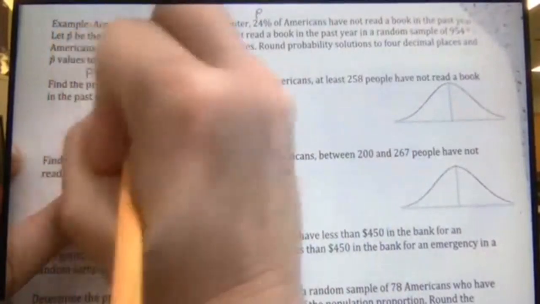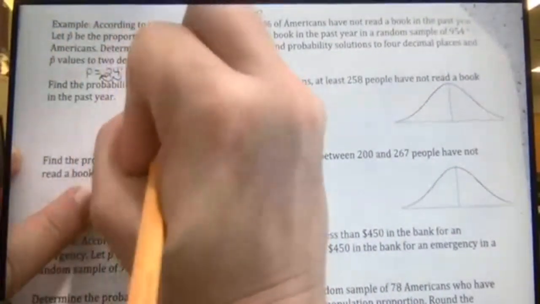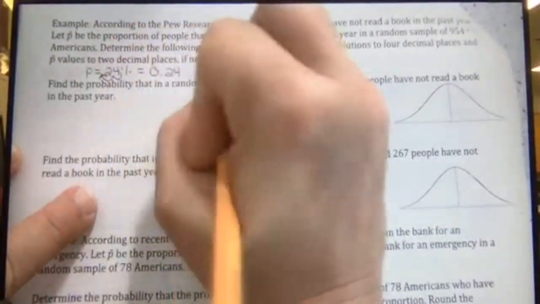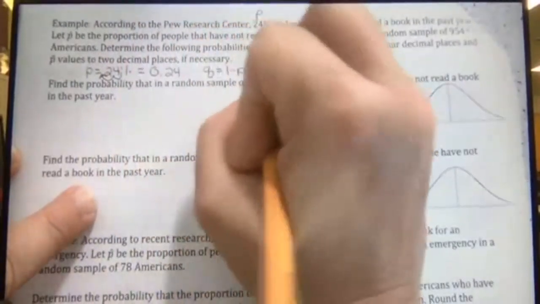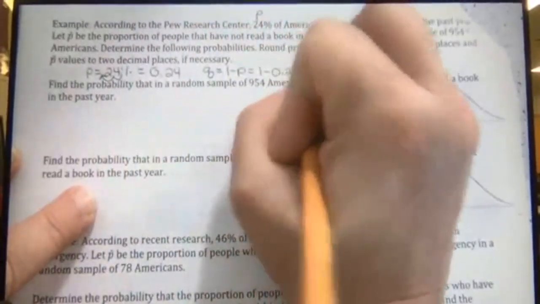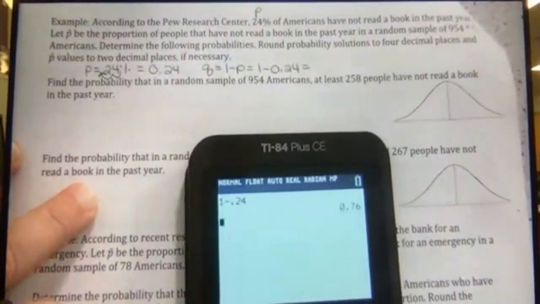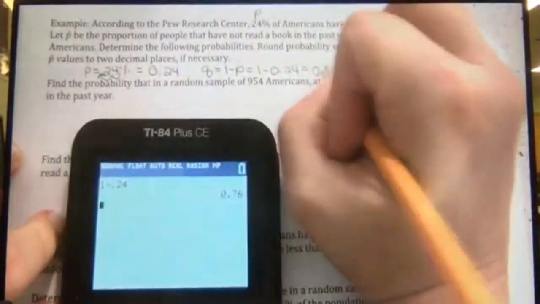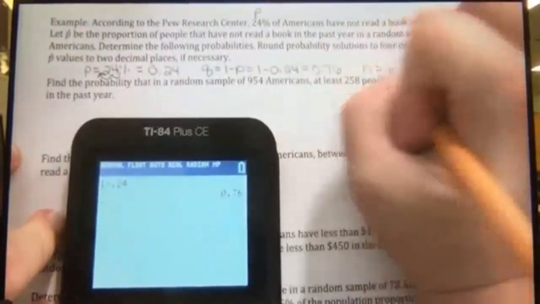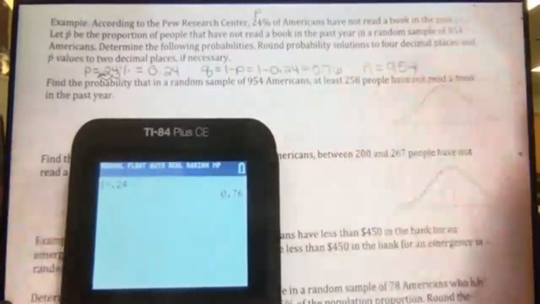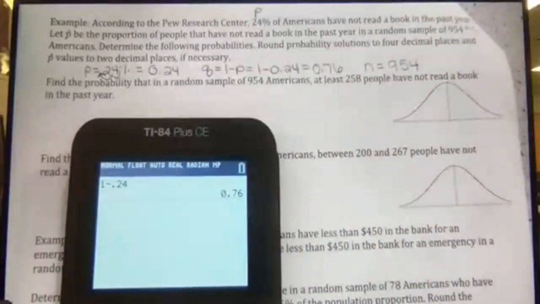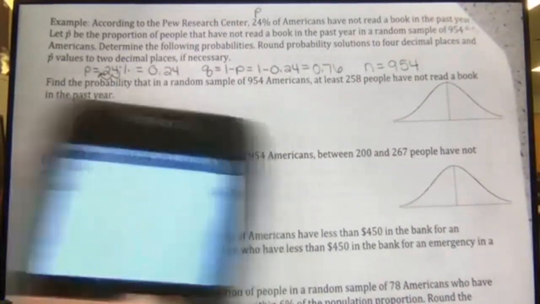Moving our decimal 2 places to the left, so 0.24. That means our q value is 1 minus p, so 1 minus 0.24 is 0.76, and our n value is 954. That's all we need.